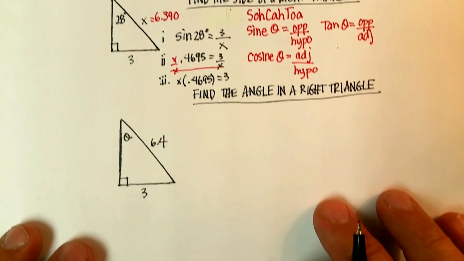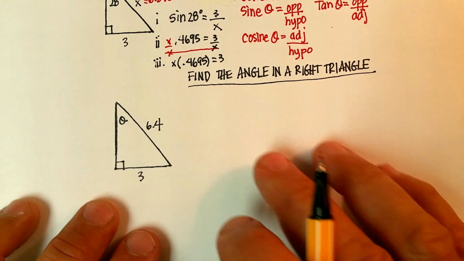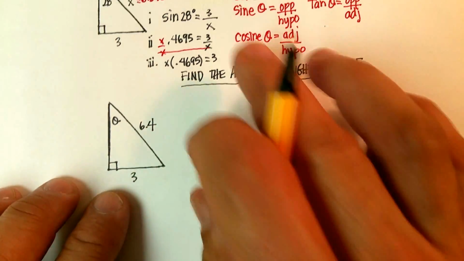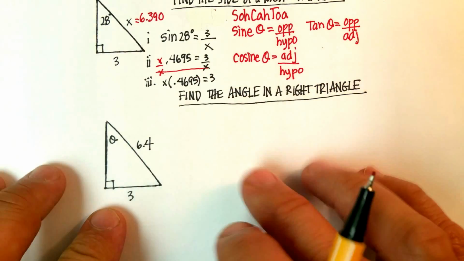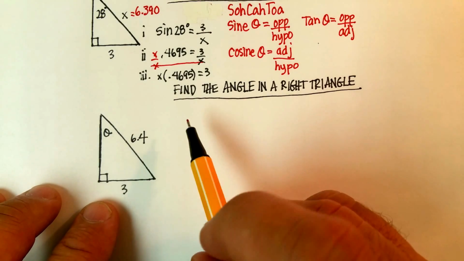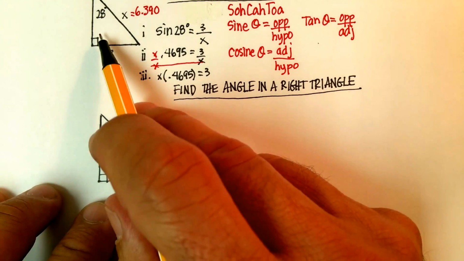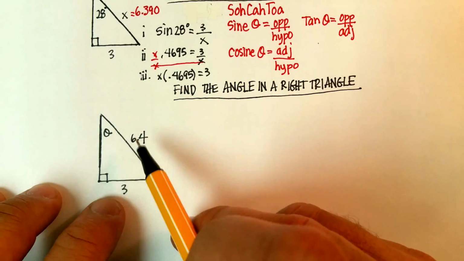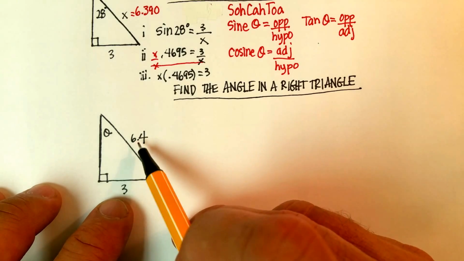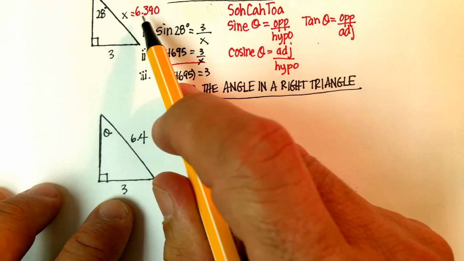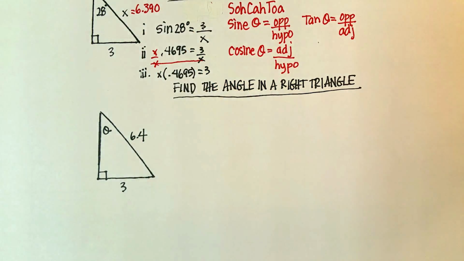Now, I'm going to do something a little bit different. I'm just going to use this exact same problem and switch it around just a little bit. I'm going to pretend I don't know 28 degrees, but I do know the two sides. And notice I put 6.4, which is essentially 6.390. You know what, actually?